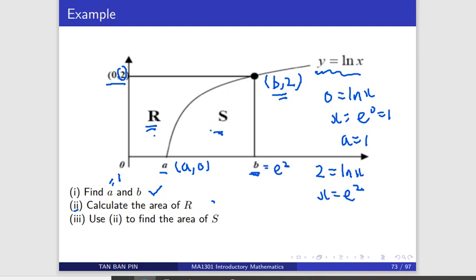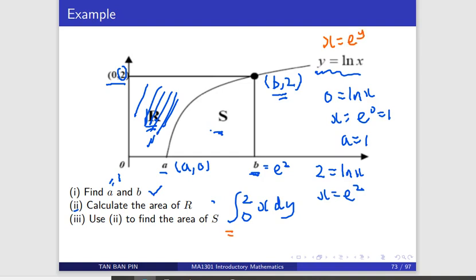Next, to find area R, you want to find the area of this region. So you can consider integrating about the y-axis. You can consider integrating from 0 to 2 of x dy. And since y is given as ln x, which is the same as x is e power y, we just consider integrating from 0 to 2 of e power y dy.